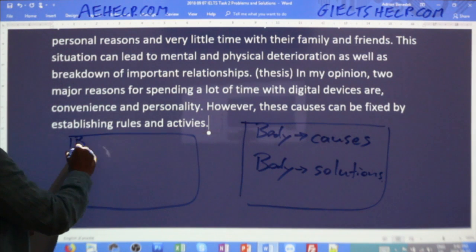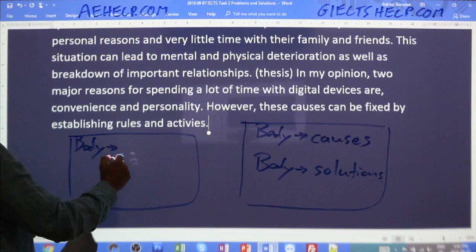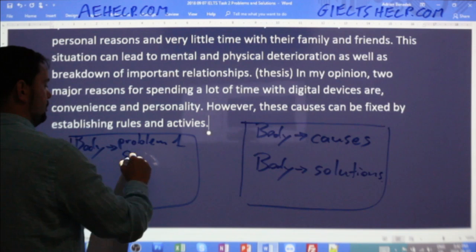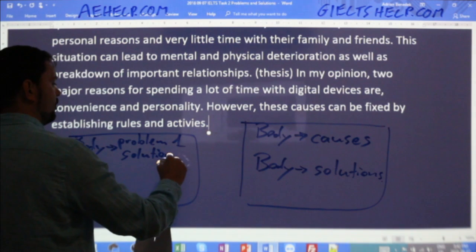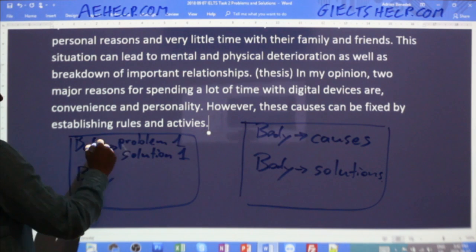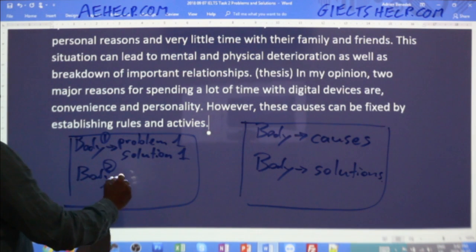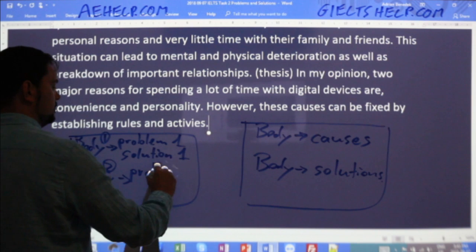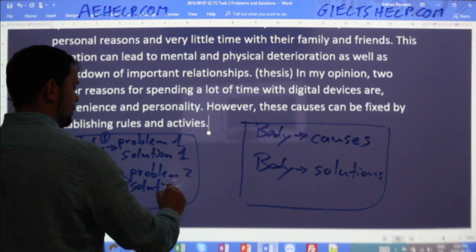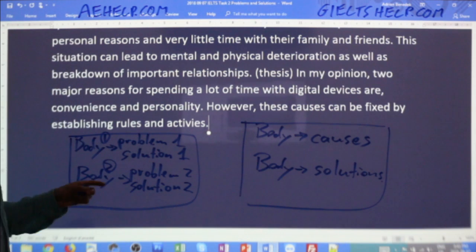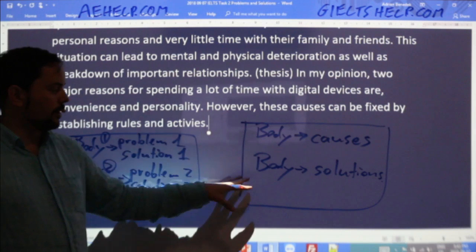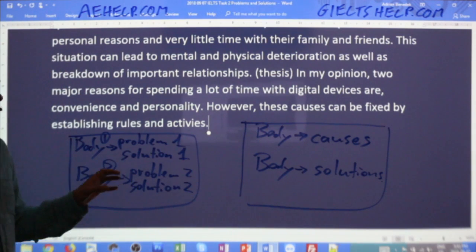So let's say that I wanted to do a different way, which is body 1 is about problem 1 and solution 1. Okay, and then let's say I wanted to do body 2 about problem 2 and solution 2.